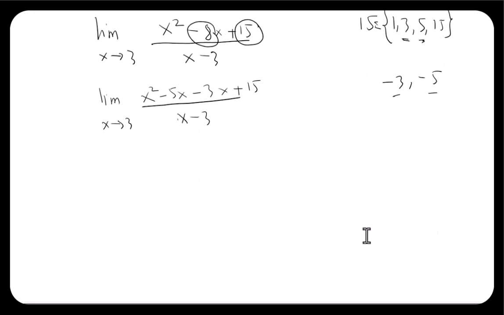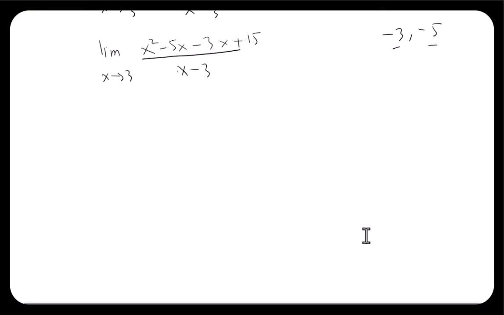Now let's go ahead. This is going to give us the limit as x approaches 3 of the expression. Yeah, we can now group terms together. So we have x multiplying x minus 5 minus 3 multiplying x minus 5, divided by x minus 3.